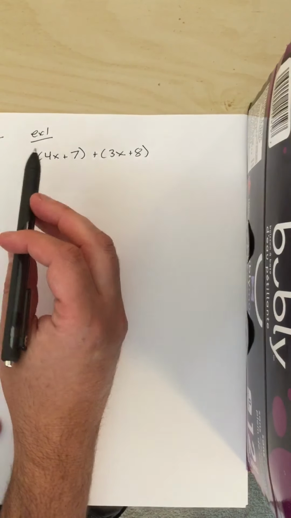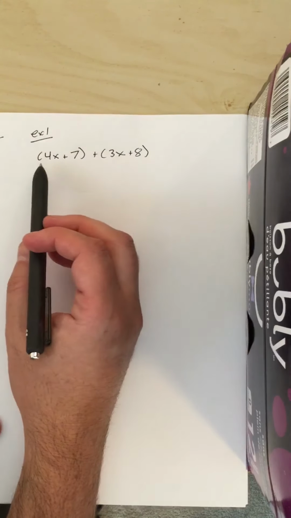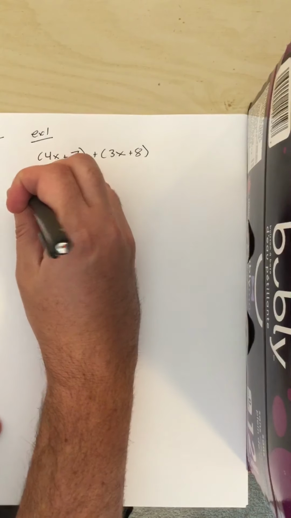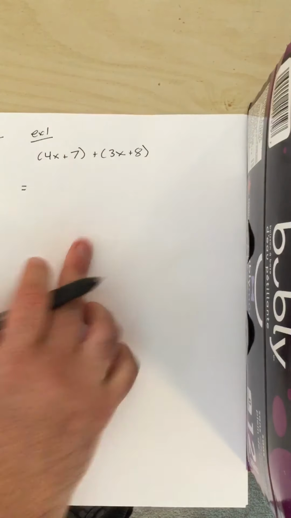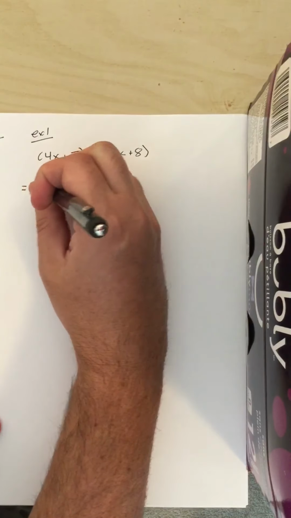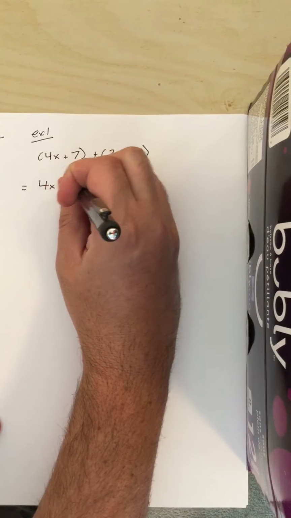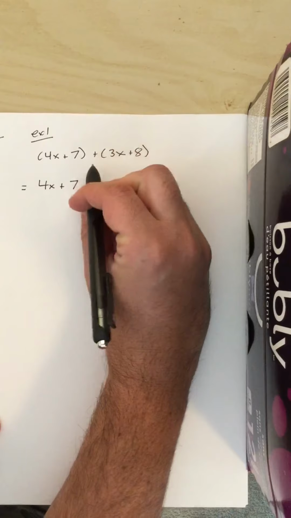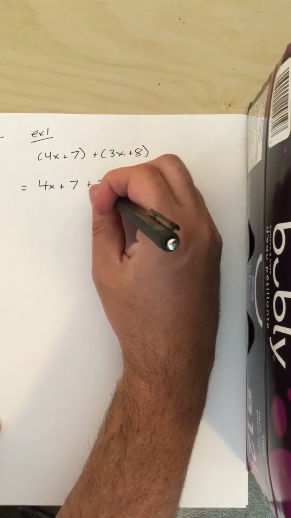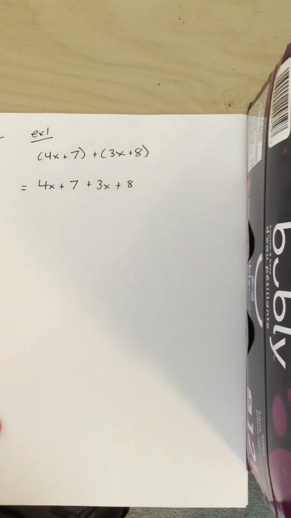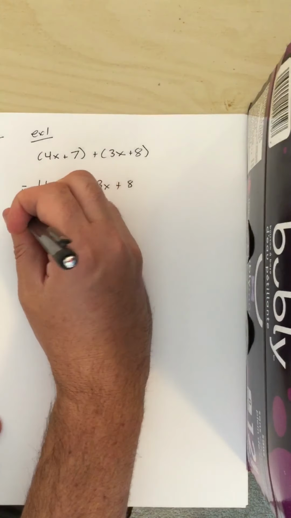There's an invisible plus inside of this. You don't see it, but it's there. So when there's a plus in front of the bracket, we just get rid of the brackets. So this becomes 4x plus 7 plus, and there's a plus in front of this bracket, 3x plus 8. Then we collect like terms.